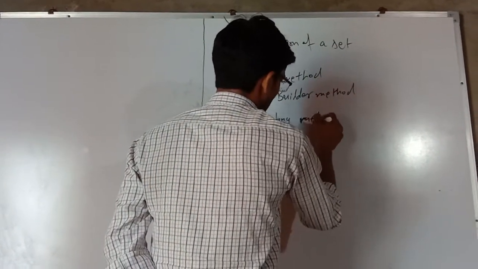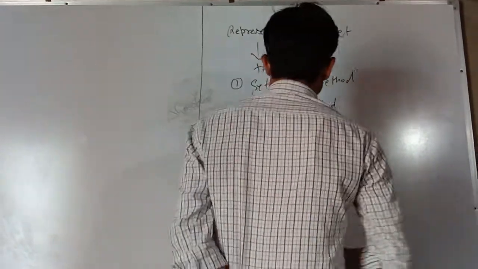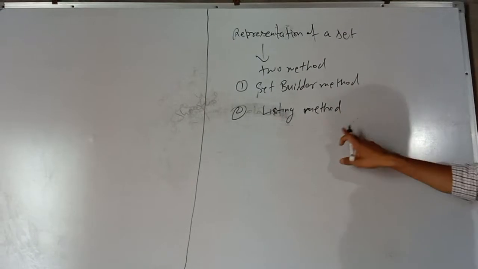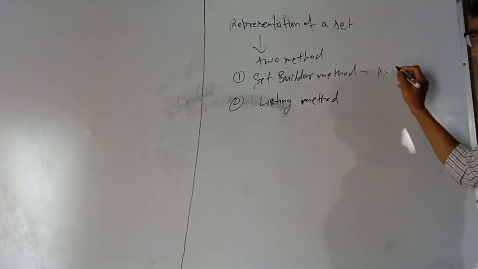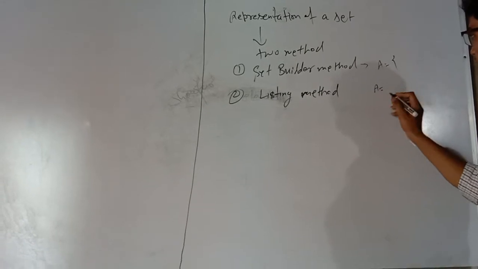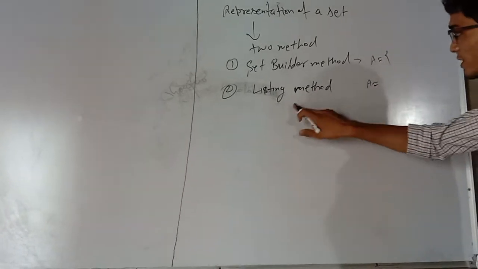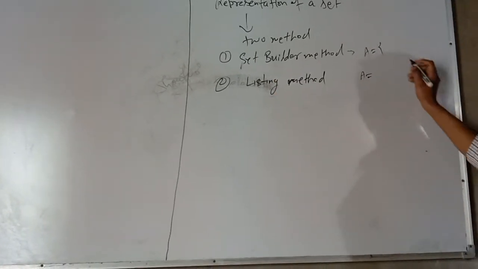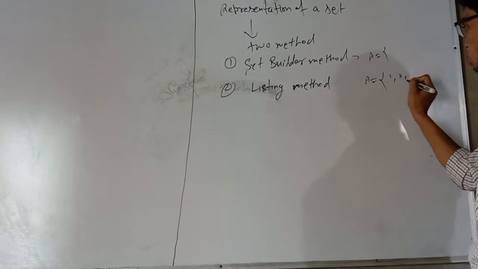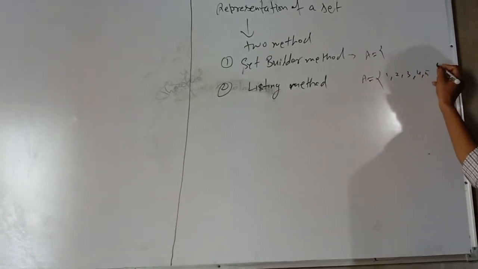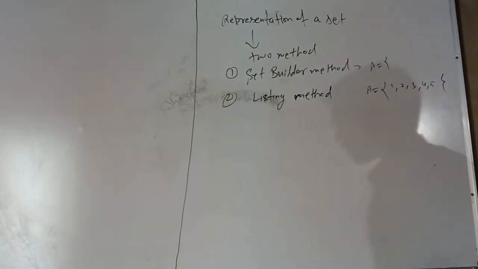Suppose there is any set. Now I will represent this set in a listing method or a set builder method. So here suppose we represent 1, 2, 3, 4, 5. So this is the listing method of representation of a set.